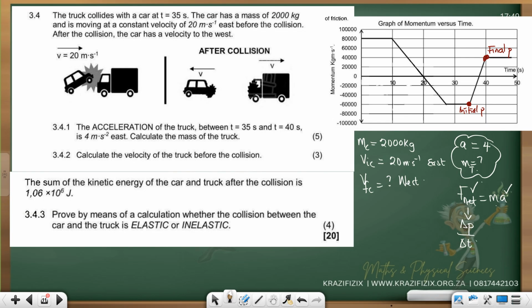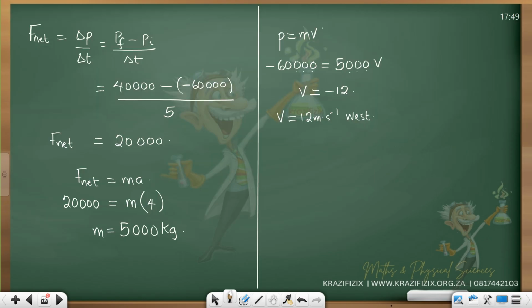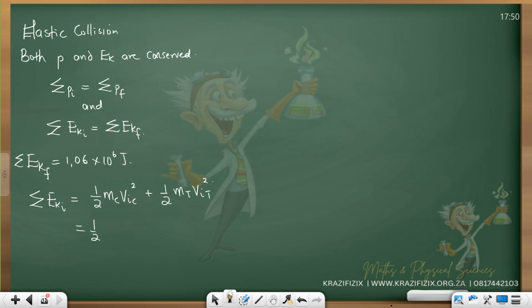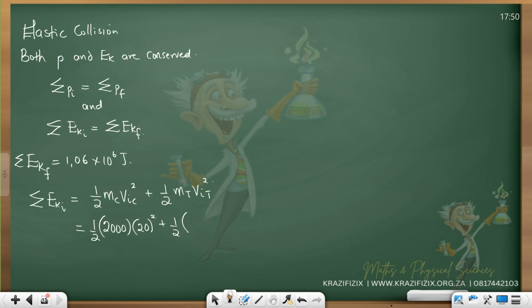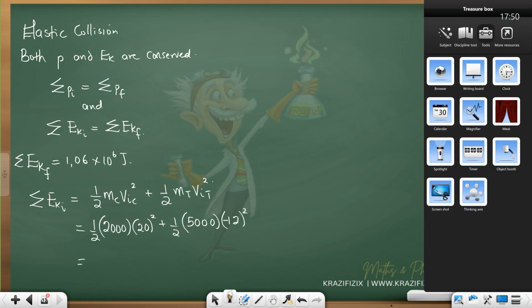What is the mass of the car? Oh, that's why they gave us this information. 2,000, and the initial velocity is 20. That's why I was wondering where we were going to use that. So half times 2,000 times 20 squared plus half times the mass of the truck, 5,000, and the initial velocity is negative 12. All right, let's throw that in a calculator quickly.